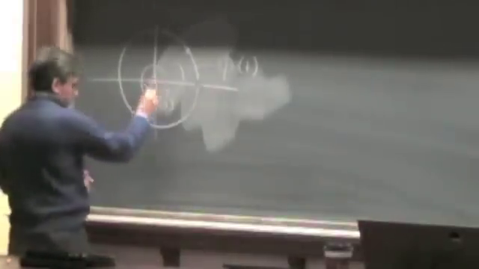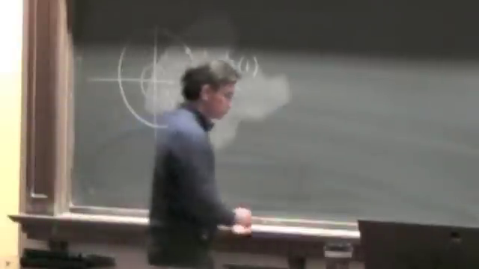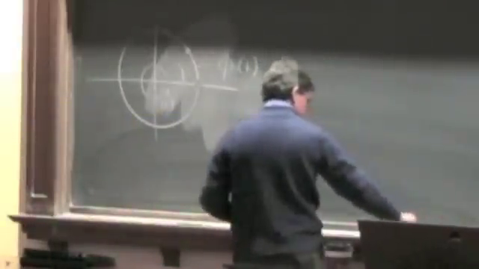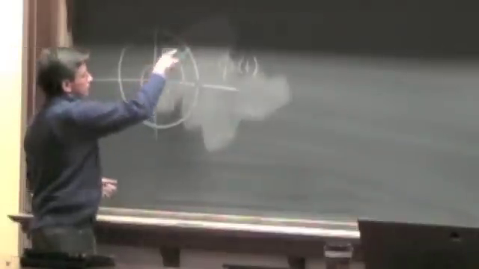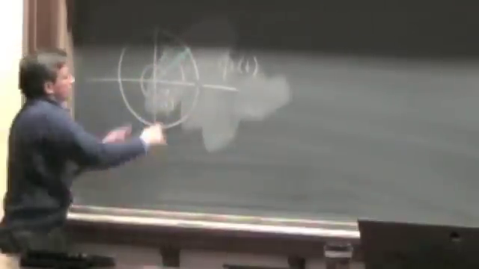The vector position of the object is spinning around and it makes an angle phi at some instant of time t. How does phi depend on time?